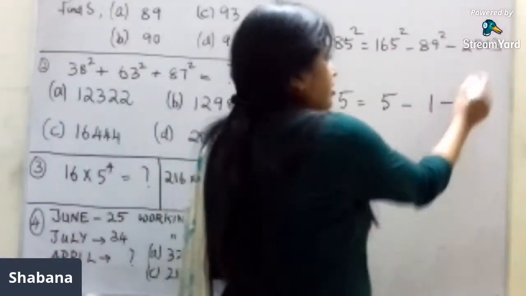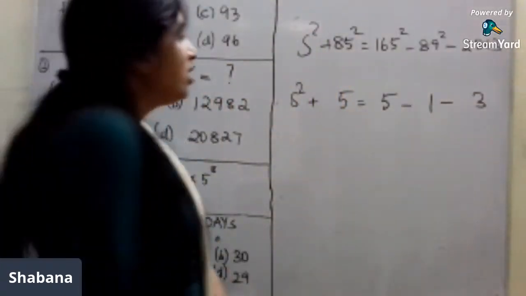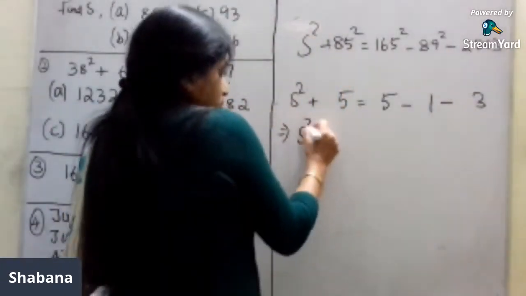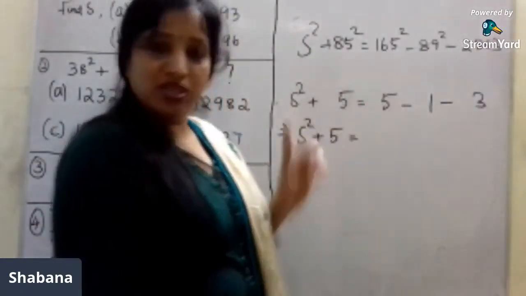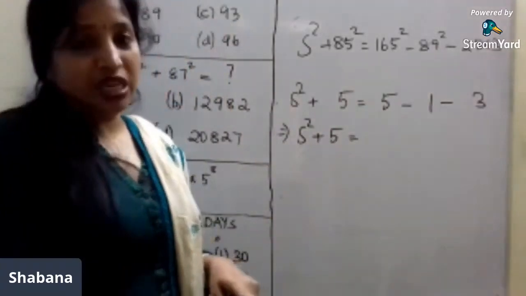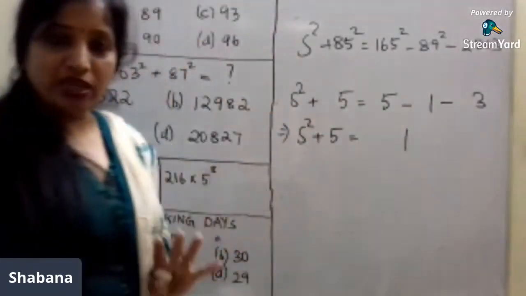Then minus the number 2862, which is very direct, so I take its last digit, which is 2. So s square plus 5 is equal to 5 minus 1 is 4, 4 minus 3 is again 1. So I'm going to have a number which has 1 in the units place.